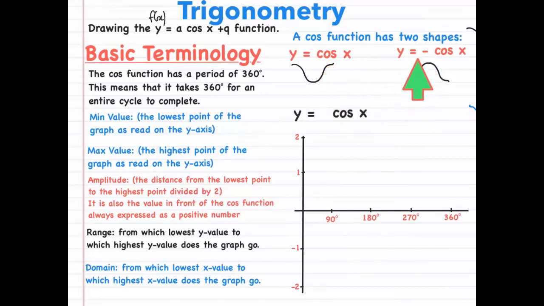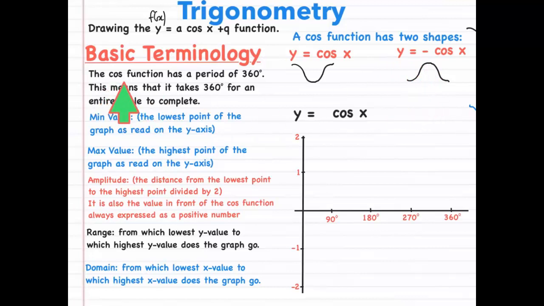Then if the cosine function is negative, it starts at the bottom and then it goes up and around and down again, almost like a little medieval helmet. Okay, great. So basically these are our two shapes, and you have to remember them, at least what the shape kind of looks like, especially when we have a positive function and when we have a negative function.